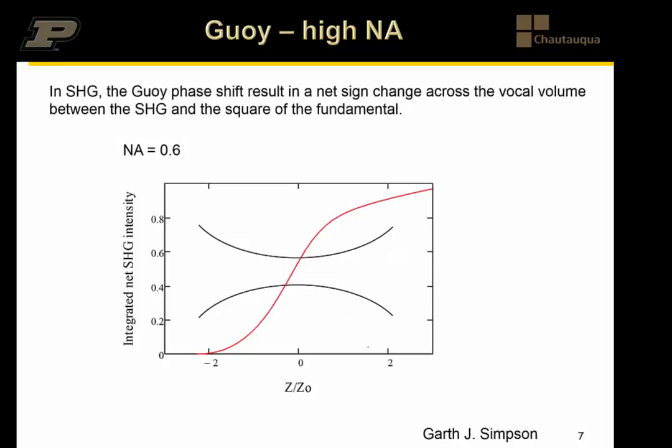This is just an example with water. Just to give you a sense of, first of all, how significant or potentially insignificant this Gouy phase shift contribution is. In this case, what we're looking at is something where we have a crystal that is semi-infinite, and we are asking what is the SHG intensity as we transit through this focal volume.